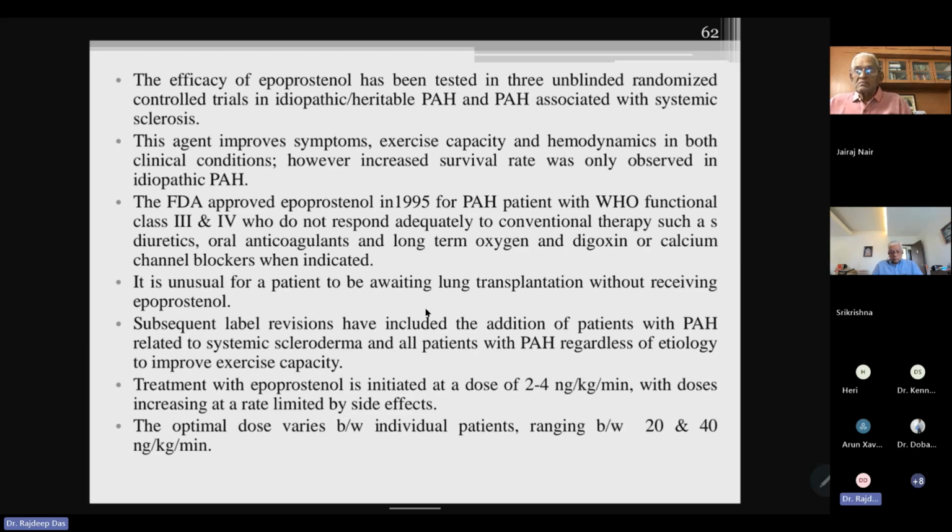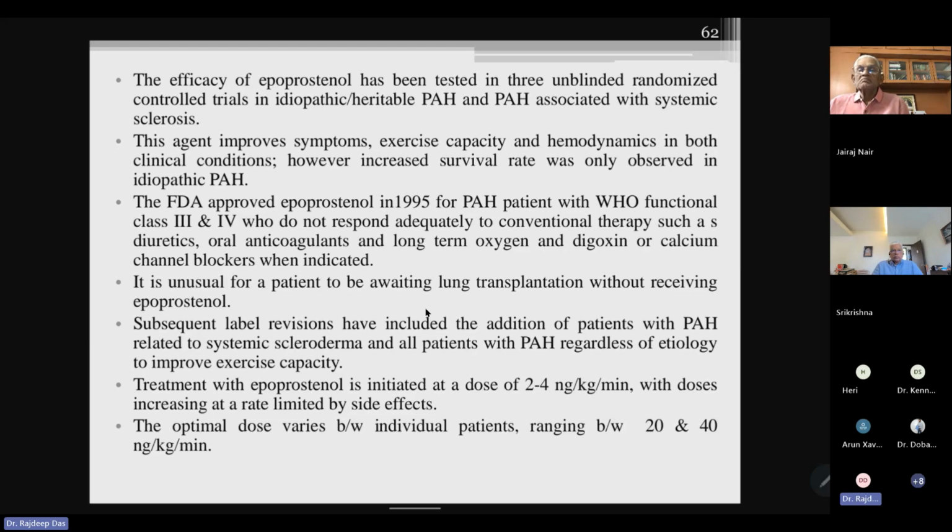The FDA approved epoprostenol in 1995 for PAH patients with WHO functional class 3 and 4 who do not respond adequately to conventional therapy, such as general therapy like diuretics, anticoagulation, long-term oxygen, and digoxin, or calcium channel blockers.